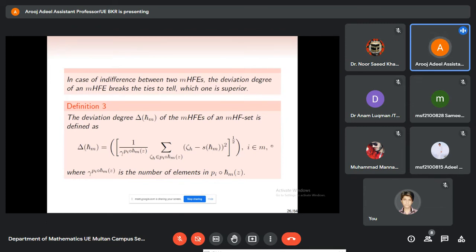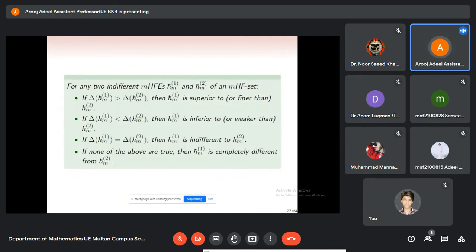After taking its square, we add all these values and then we divide it by the total number of the elements. After doing all these operations, we take the square root. Then we get the deviation degree of the M-polar Hesitant Fuzzy elements. Here are some relationships of the deviation degree like the score function.